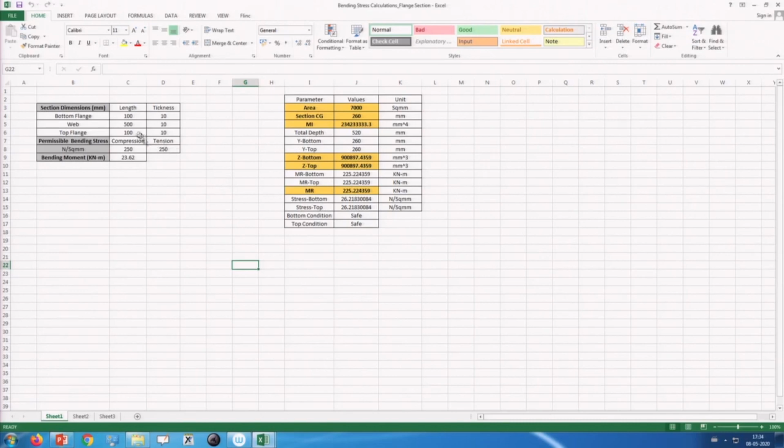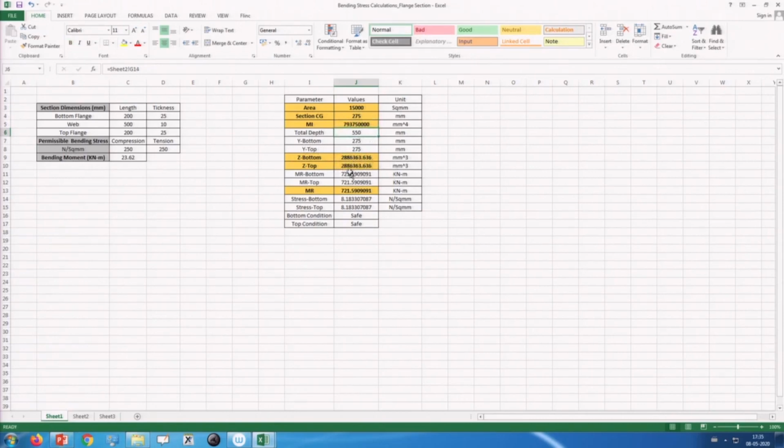Suppose I put the bottom flange as 200 by 25, the top flange also 200 by 25, and the web 500 by 10, then you will see the CG of the section, that is 275 from the bottom, the moment of inertia, the total depth is 550, and the y top, y bottom and everything is there.